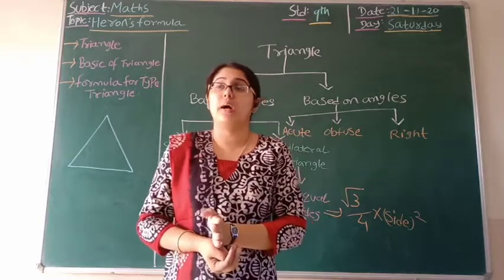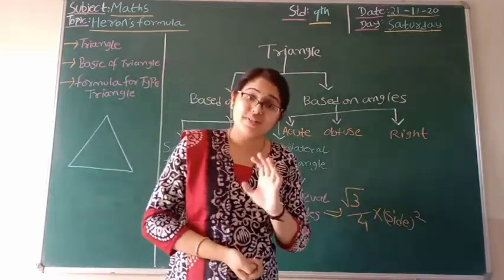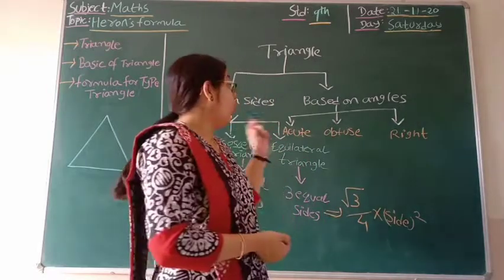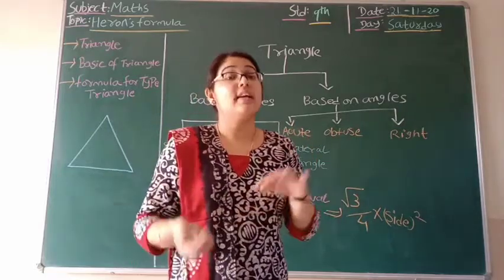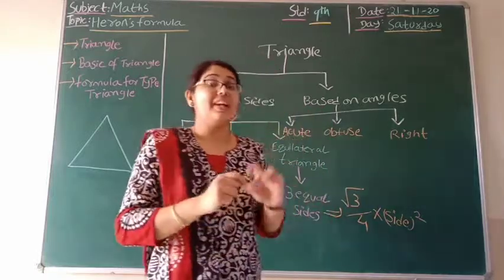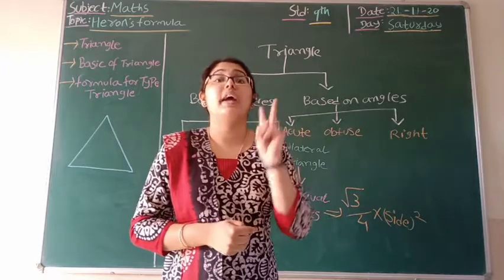Now if we talk about the obtuse angle triangle, it is the one which has an angle more than 90 degrees, or we can say greater than 90 degrees, and it has one obtuse angle and two acute angles.